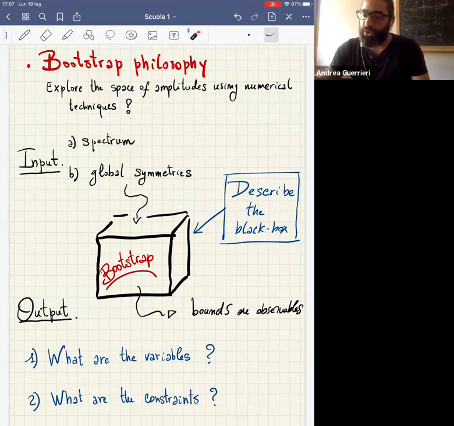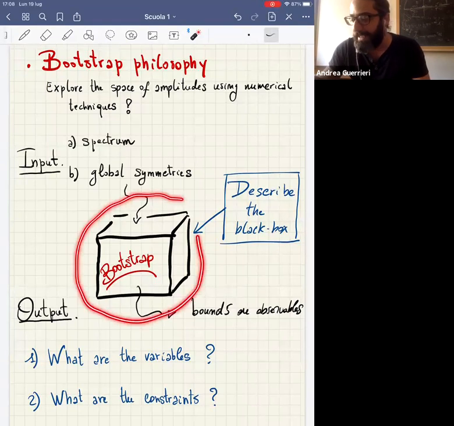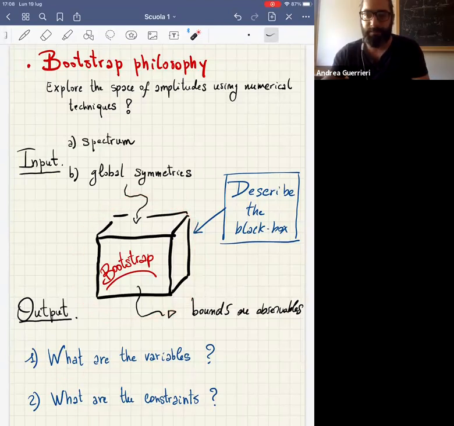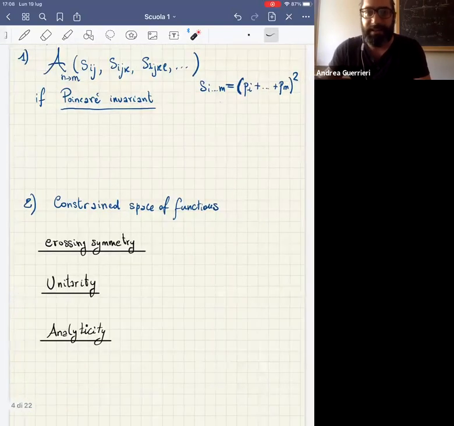The first question, and two important questions one wants to ask before even thinking about this black box, is: what are the variables and what are the constraints? Here I'm at the introductory level. I won't go into much detail, but just to give an idea, what are the variables?